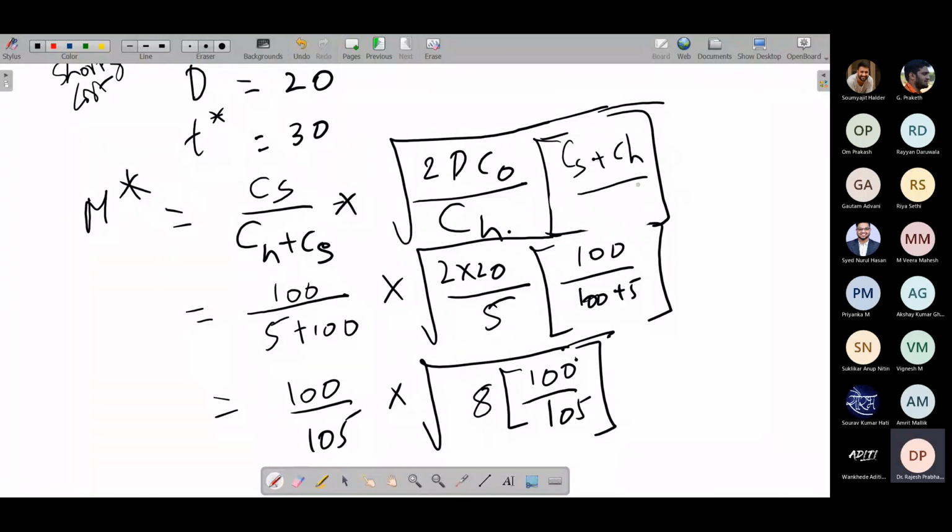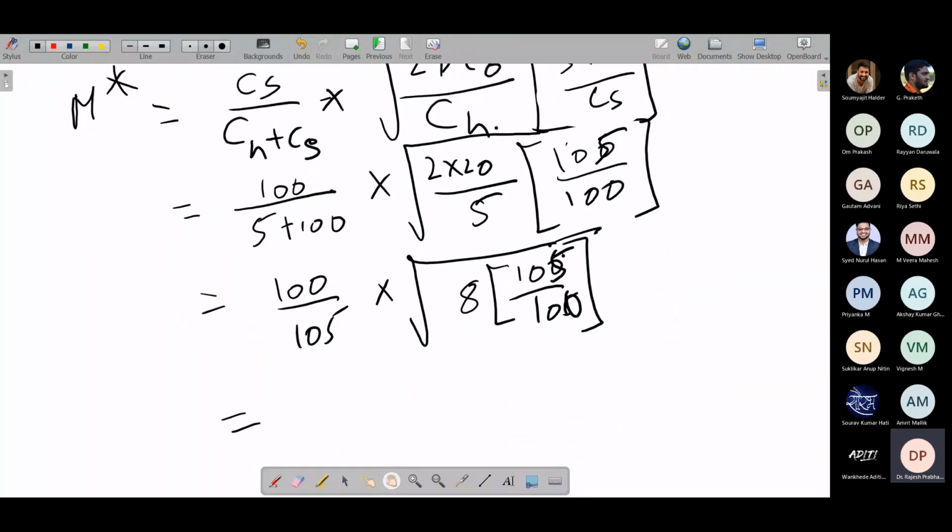CS plus CH divided by CS, right? Yes, sir. Sir, also we have not mentioned CO. It is not given in the problem, so we don't take it into consideration. Okay, sir.